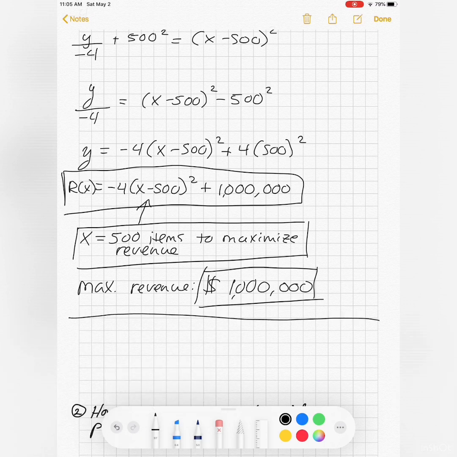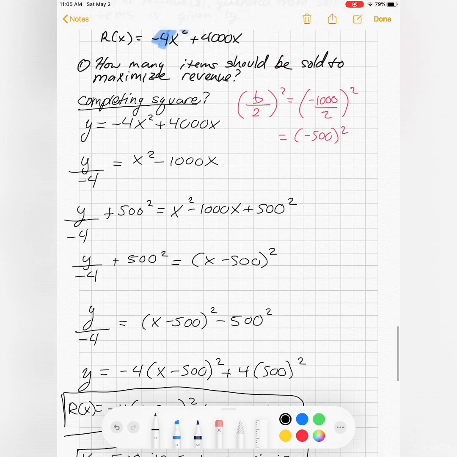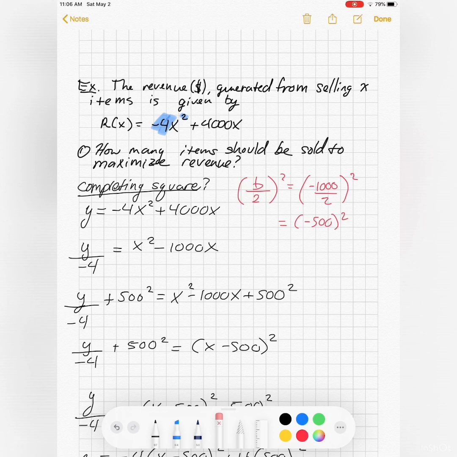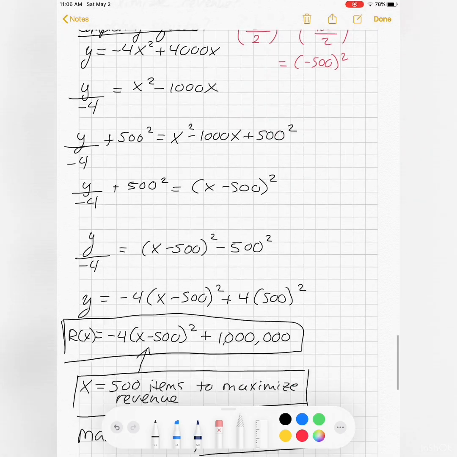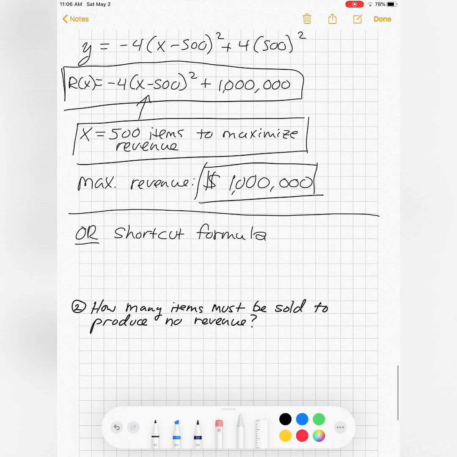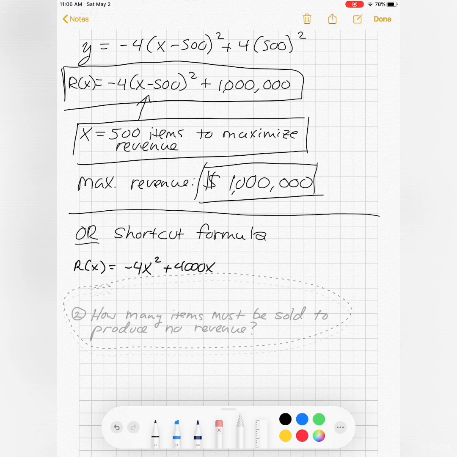What if I start it over and use the shortcut formula? This was the original function. And then I was just thinking, well, why don't we check that?